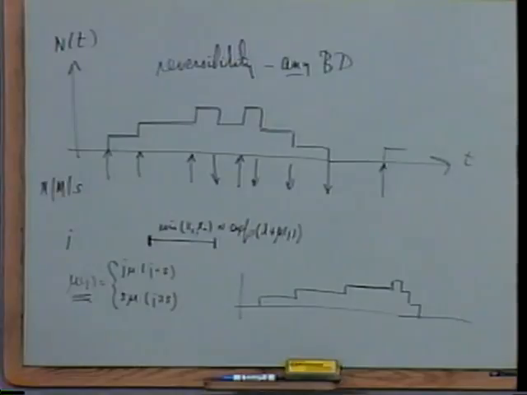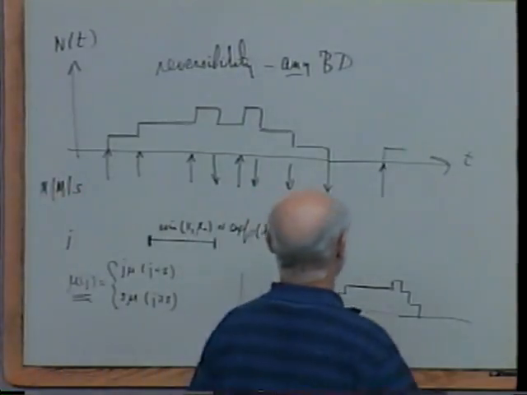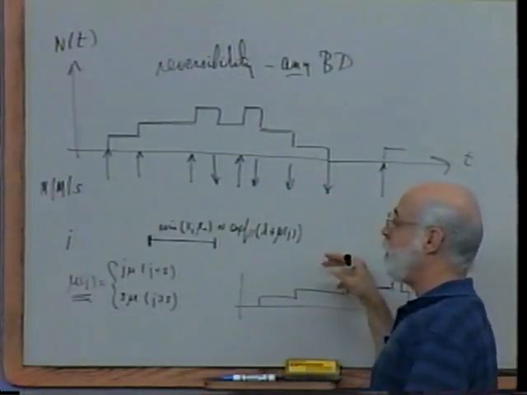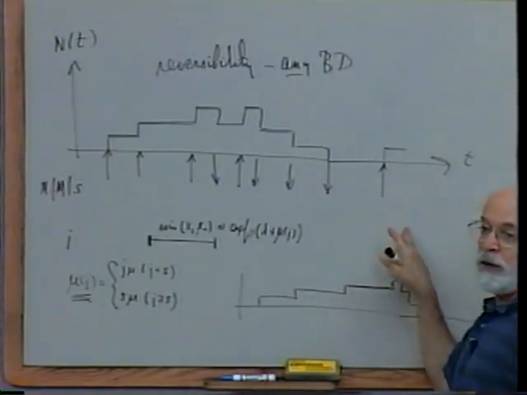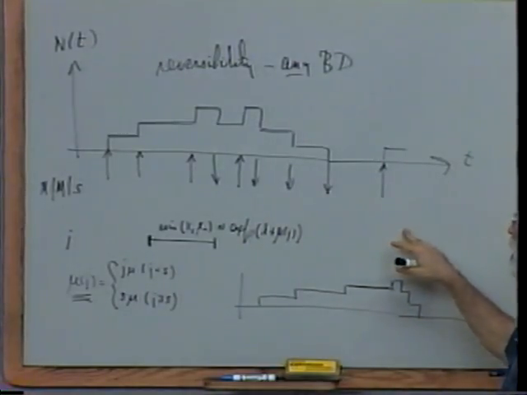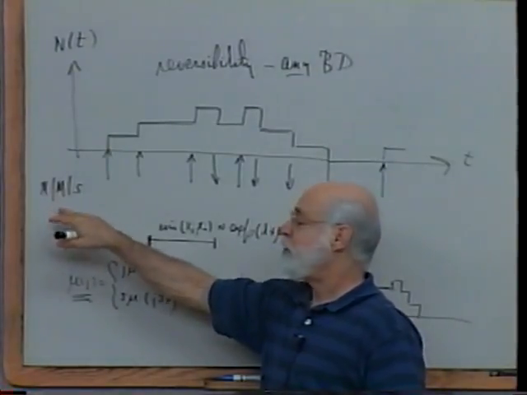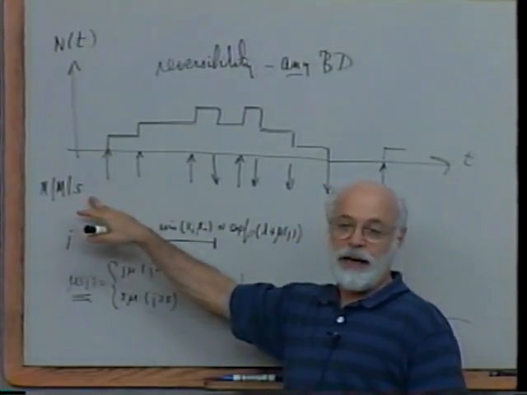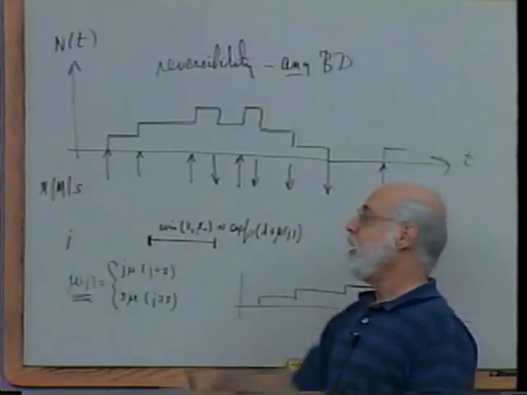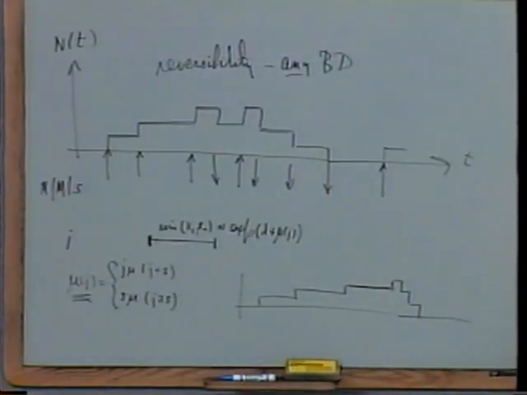That doesn't necessarily mean that I have a Poisson output process, because not every birth and death process has Poisson input. But any birth and death process has the property that, statistically speaking, I can't tell the difference from looking at it left to right or right to left. And in particular, if that birth and death process represents the state of an Erlang delay queue, then the output process is a Poisson process.